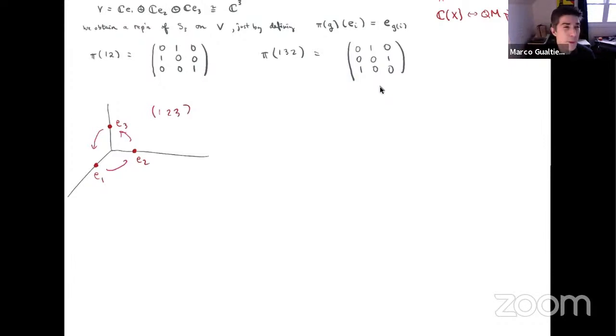Okay, I just picked one element just to take a look at it, and I notice very clearly that there is a special subspace, namely the space generated by 1, 1, 1, which is invariant under the action of this element. It's sent to itself because this element is really rotating, and that's the axis of rotation.